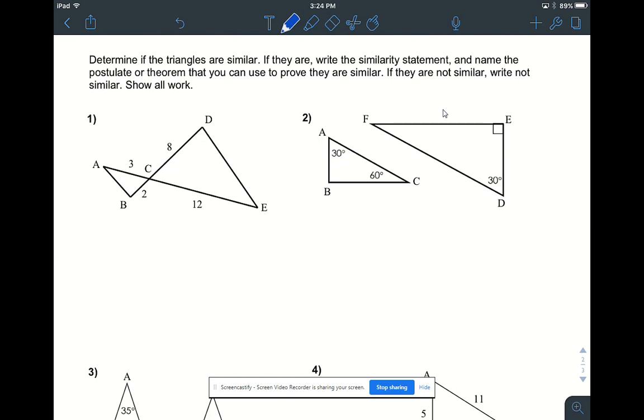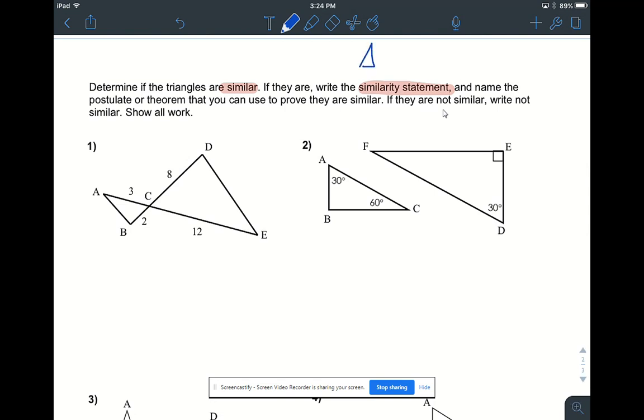Lots of instructions here. So determine if the triangles are similar. That's the first thing that we need to do. Are the triangles similar? If they are, write a similarity statement. So similarity statement means triangle XYZ is similar to triangle.